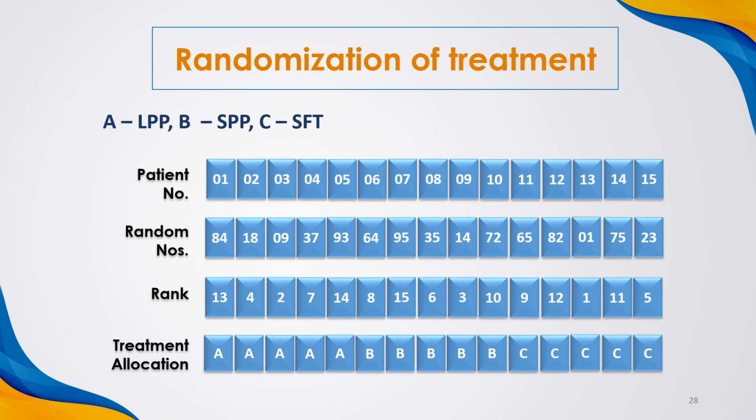The first 5 subjects will receive treatment A, the next 5 will receive treatment B, and the next 5 will receive treatment C. Looking closely, the 13th patient will receive treatment A, the 4th patient A, the 2nd patient A, and 7 will receive treatment A. Likewise, you continue with 8, 15, 6, 3 and the 10th patient, who will receive B. Similarly, the other numbers will receive the other treatment.